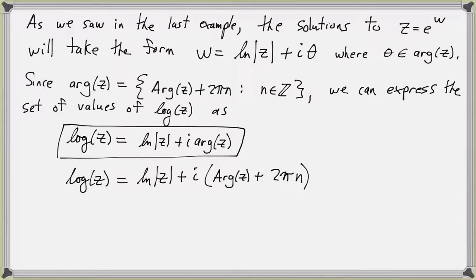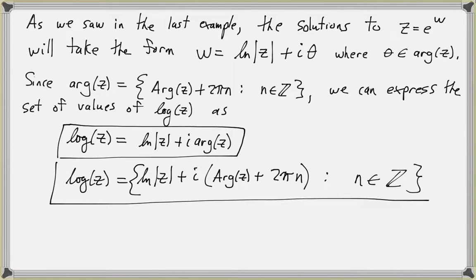And so we think of log of z as the set of values ln of the absolute value of z plus i times the quantity principal value of argument plus 2 pi n, where n is an integer. So we think of log of z as a whole set of values.